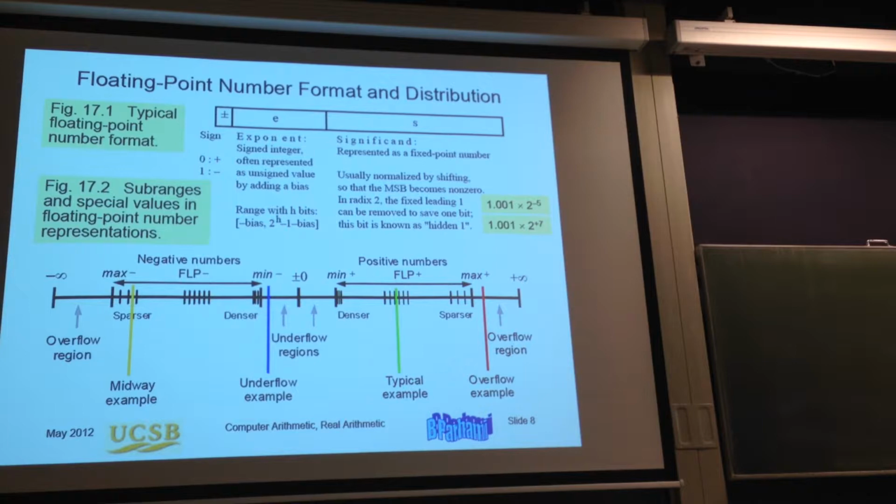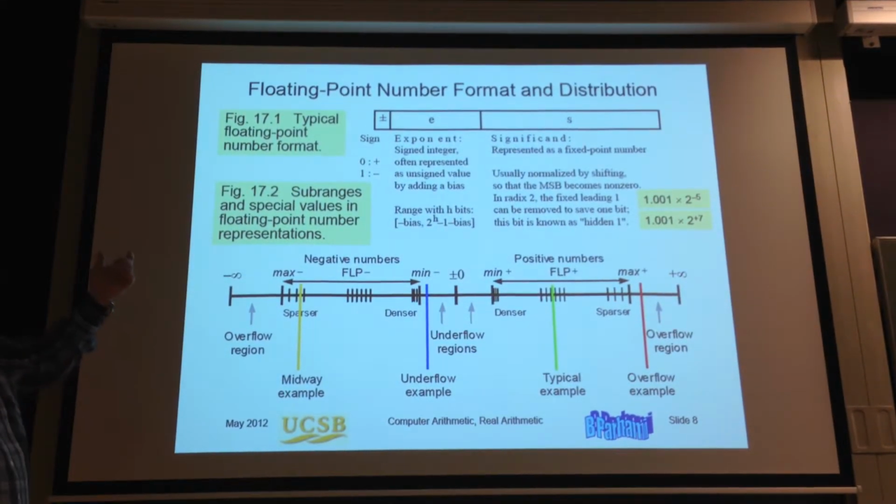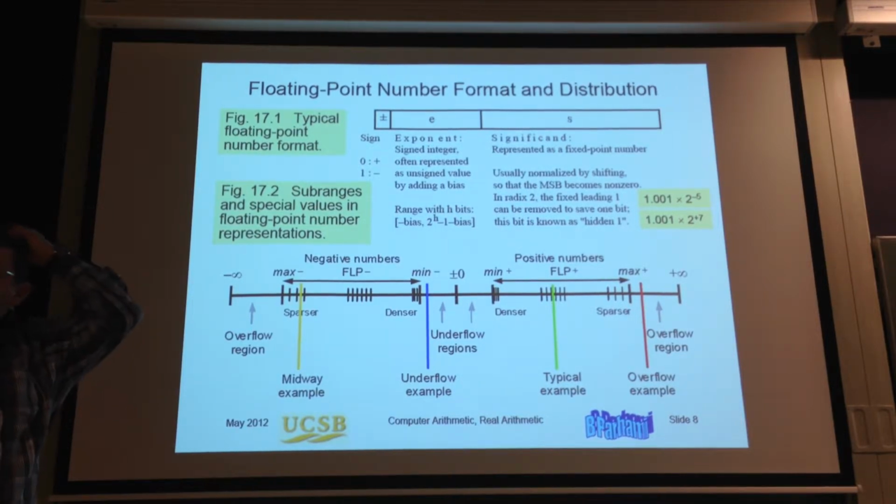A couple of the bits I use for the dynamic range of the exponent. And the exponent in the IEEE standard is represented in a biased mode. If you remember, long time ago, I was talking about biased representation of negative numbers. It was in prehistory, right? Now, we are using it for the exponent.